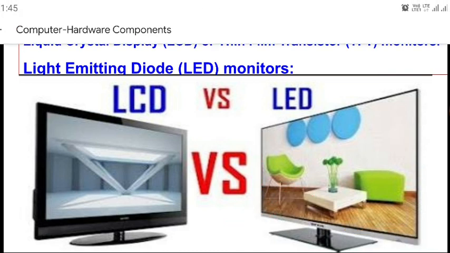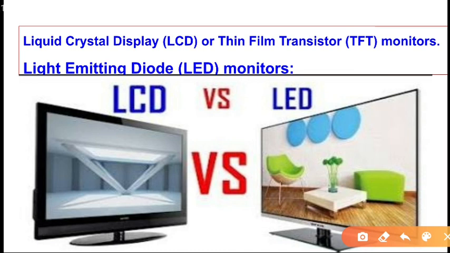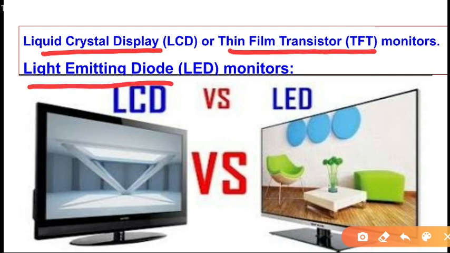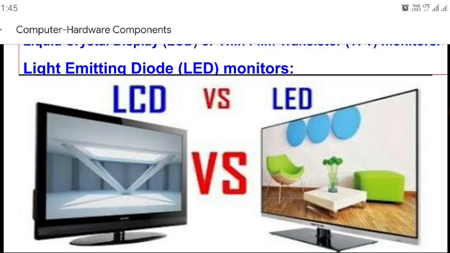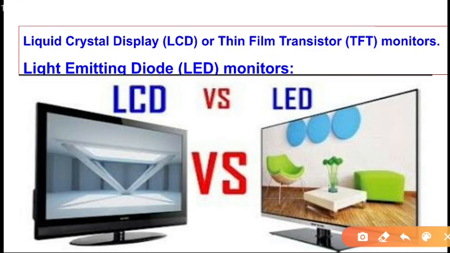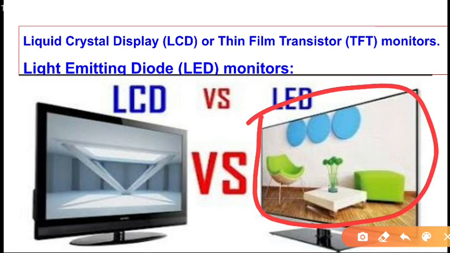You just need to know the full forms: liquid crystal display for LCD, thin film transistor, also known as TFT, and LED or light emitting diode monitors. So these are the three types of monitors that are mostly used. Nowadays the latest technology is this. In this there are also various types of monitors, like ULED, OLED and AMOLED, and different technologies have come in LED.